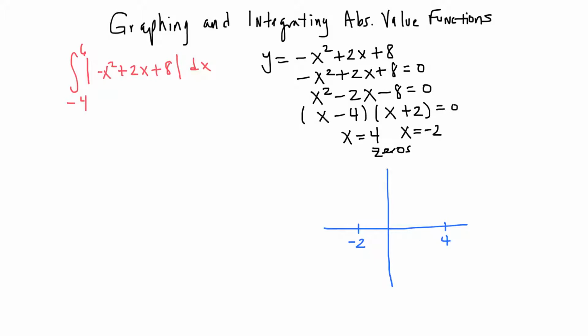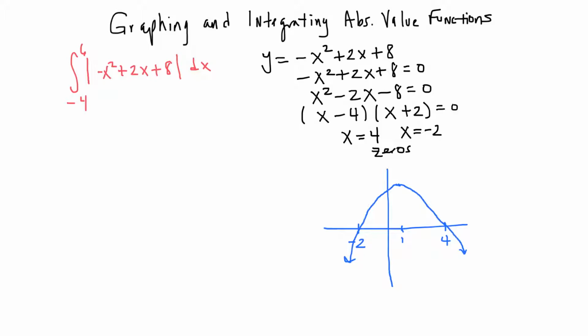And what's halfway between -2 and 4? That would be 1. That's 3 units to 4 and 3 units to -2. So that's where my vertex is going to be. It's always halfway between the zeros. Maybe somewhere here, I don't know. I'm not going to label a y point there, I'm just going to say at 1. And it opens downward, so it hits that point, and it hits that point.